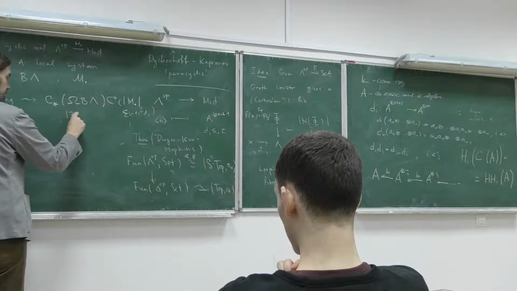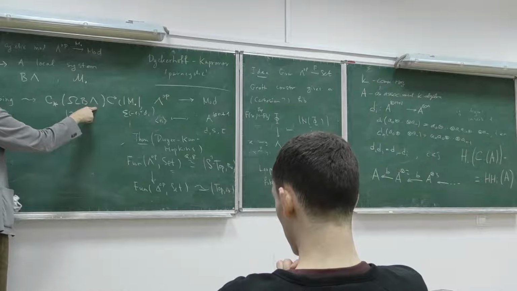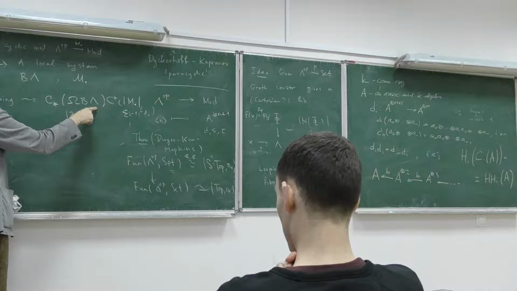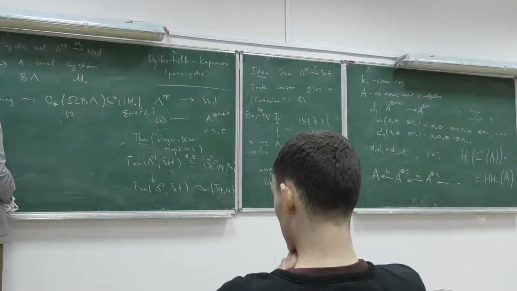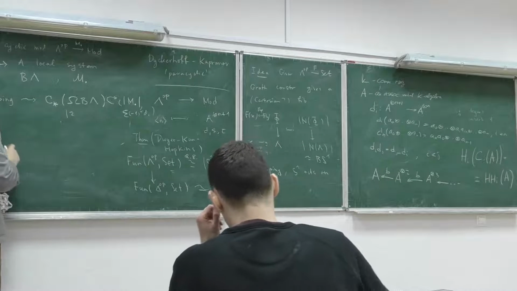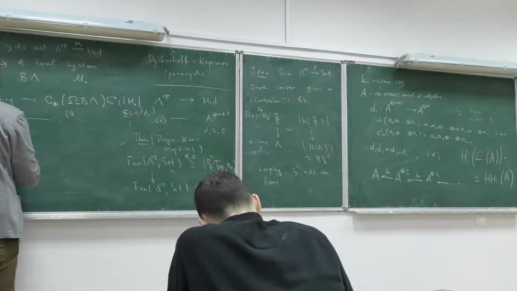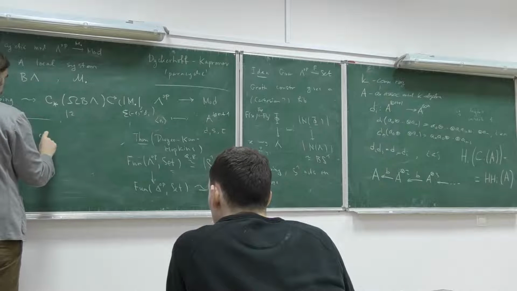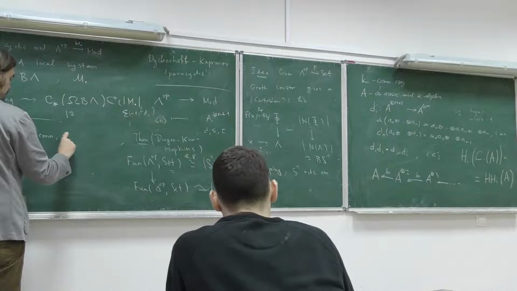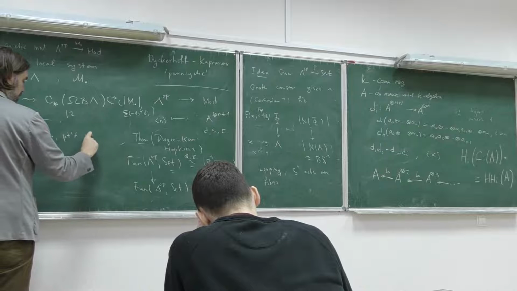So first of all, this was a classifying space for the circle. Okay, so let me give maybe a more general statement. Suppose X is a connected pointed space.